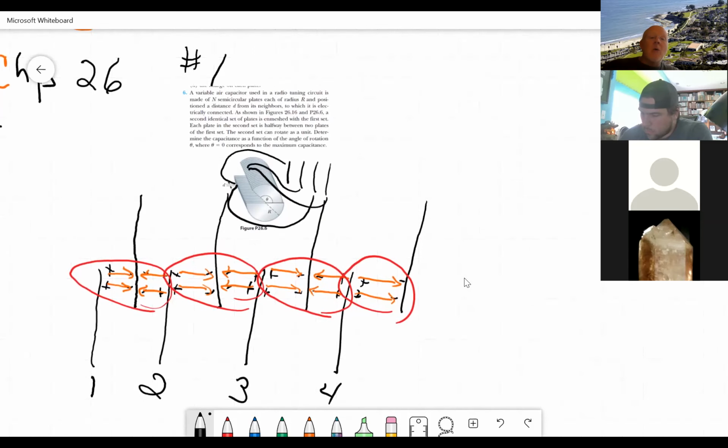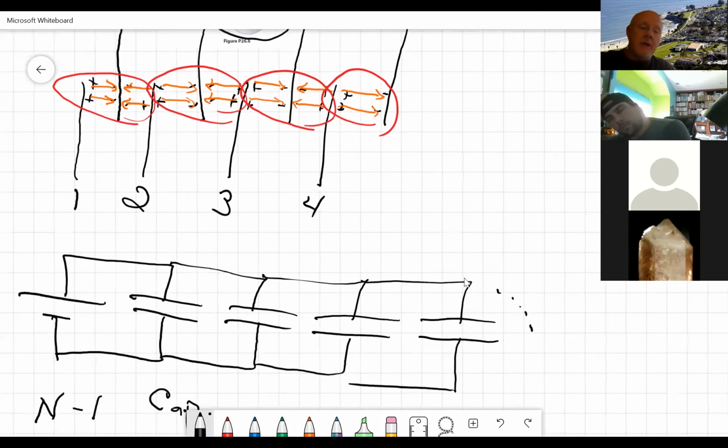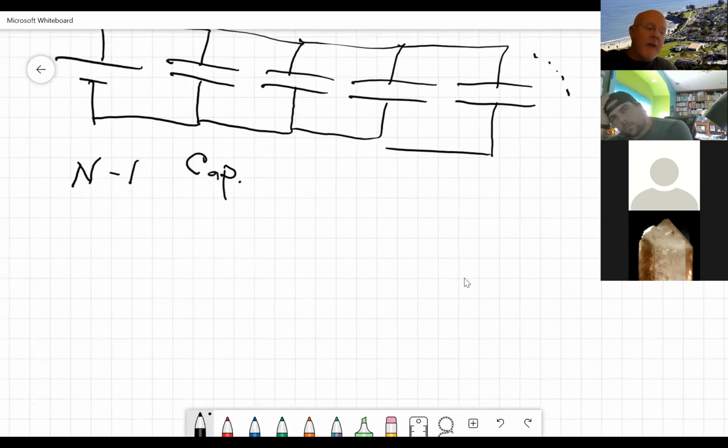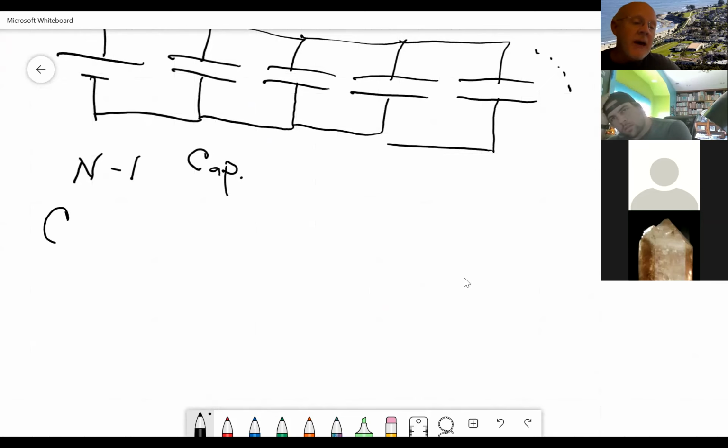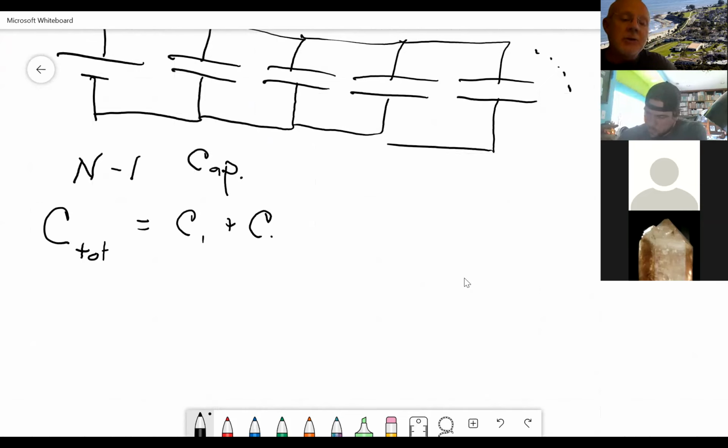So coming back to the question, now that we know we have n minus 1 capacitors, we know that they're air-filled, we know that they're parallel plates, we could say this much. The total capacitance would be C1 plus C2 plus C3, and so on.